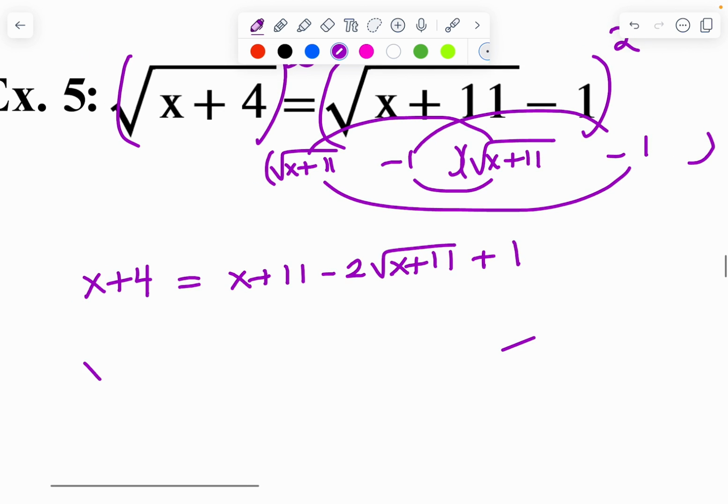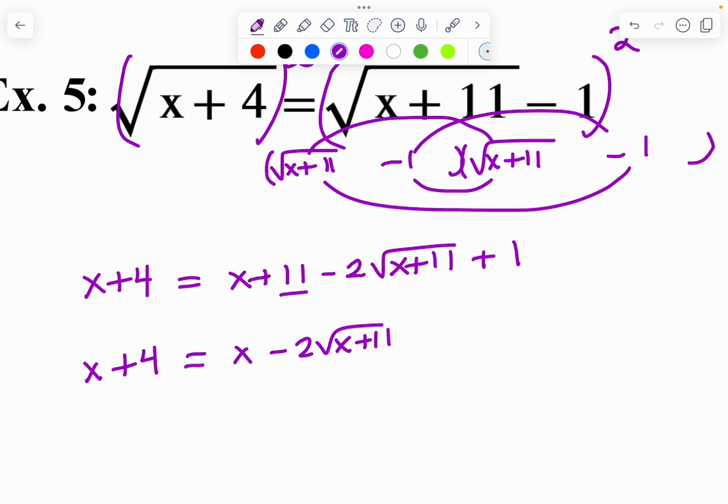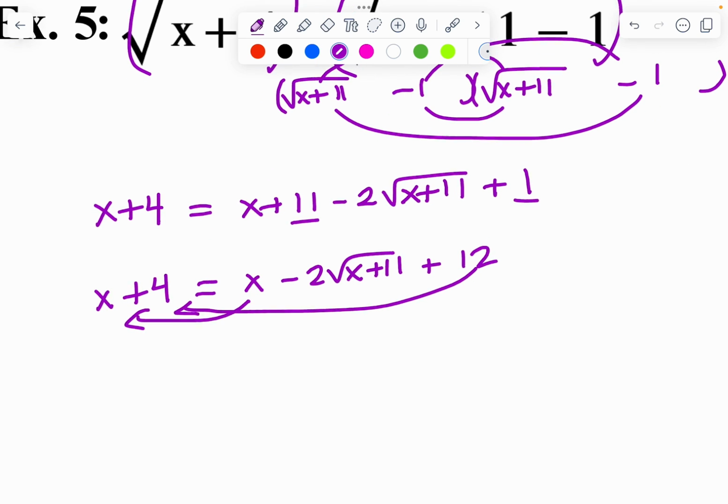So now I'm going to combine. I have x plus 4 equals, on the right side, x minus 2 square roots of x plus 11, and then I'm going to combine this. This is plus 12. Okay, let me get the square root by itself, and then bring this over here and this over here.